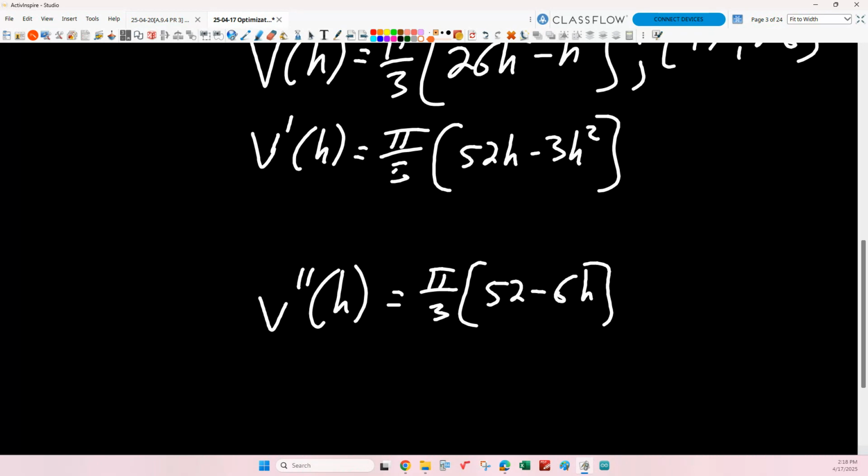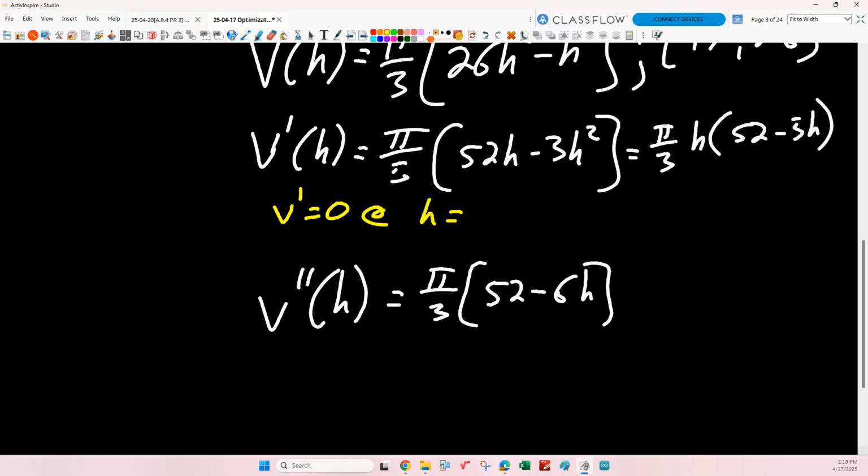Factor out. All I can factor out is an h, I guess, right? Yeah. So it's equal to pi thirds h times 52 minus 3h. So what are my zeros? V prime equals 0 at h equals what?